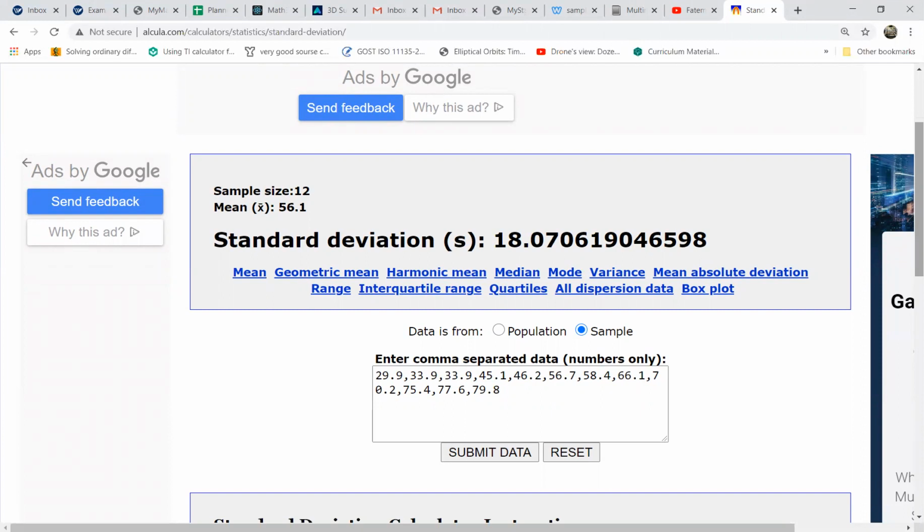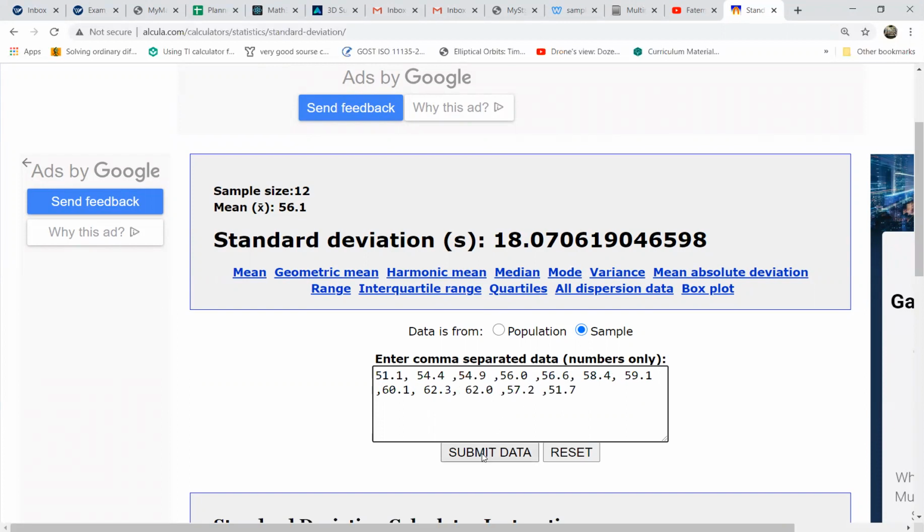Let us calculate the standard deviation for the second set. The best measure of variability is standard deviation. Okay, perfect.